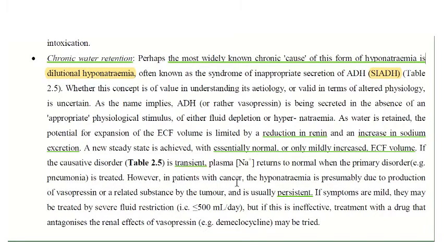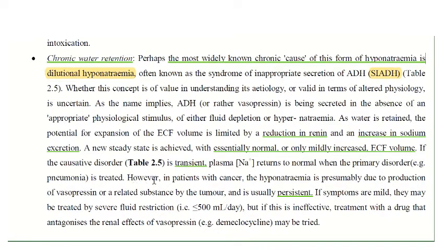However, in patients with cancer, the hyponatraemia is presumably due to production of vasopressin or a related substance by the tumor and is usually persistent. إذن إذا السبب لهذا السندروم transient فالبلازما صوديوم returns to normal when the primary disorder مثلا pneumonia is treated.